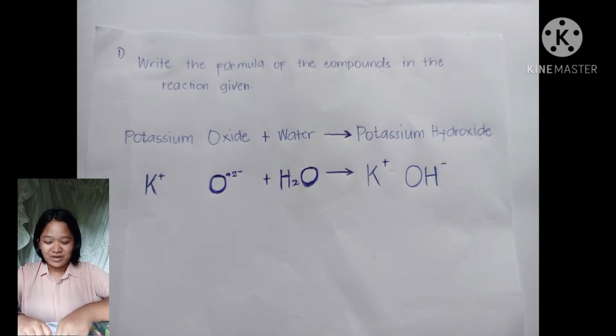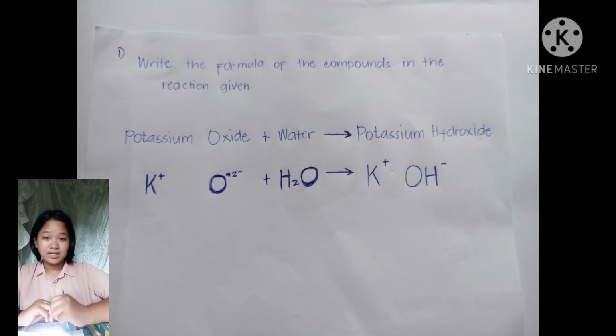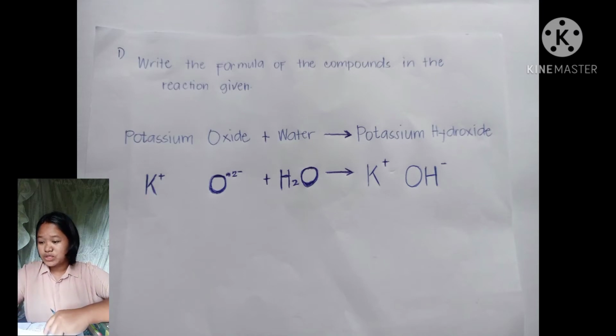So sa potassium hydroxide nga side is, sa potassium balik ra siya, which has a charge of 1, and for hydroxide makita ni siya sa anions nga oxidation nga negative 1. So consider na siya nga 1. So to derive the formula, since nakita naman nato ang ilang mga charges, so let's proceed.